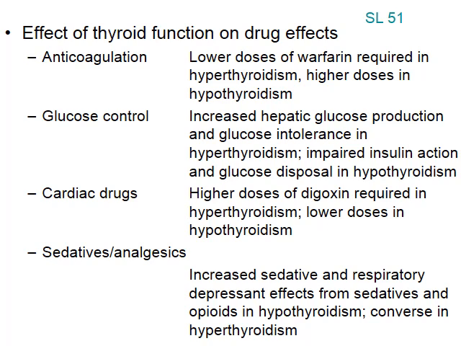Again, proper thyroid function is critical because in conditions of altered thyroid function, there can be altered drug effects. This is a selected list from our textbook. For example, in the area of anticoagulation, lower doses of warfarin will be required in patients with hyperthyroidism, while higher doses of warfarin are needed in hypothyroidism.